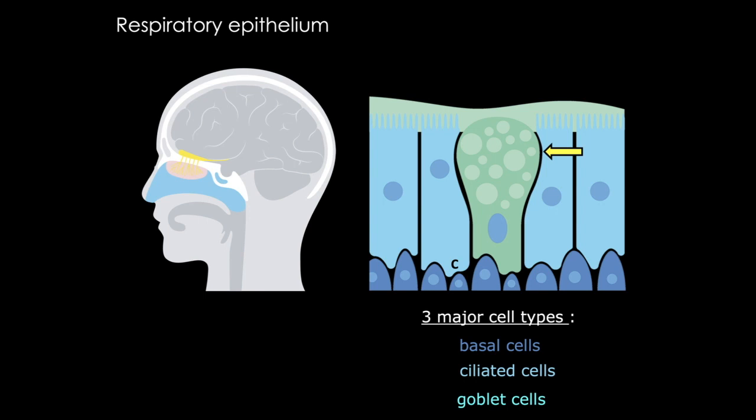Particles that get past that nasal vestibule become trapped in the mucosa of the nasal cavity, and that mucociliary system with goblet cells and ciliated cells helps to get rid of these particles. The cilia sweep particles into the nasopharynx for further expulsion, and the mucus produced by the goblet cells also forms a protective barrier to inhaled pathogens.